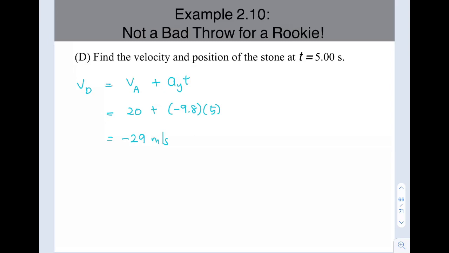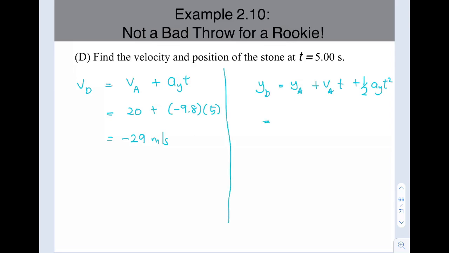For the position, y at D equals y at A plus V at A times t plus half a_y t squared. From which equation is this one? It is delta y equals V naught t plus half a t squared. So we rearrange the delta y, the y initial, we put it on the right side.